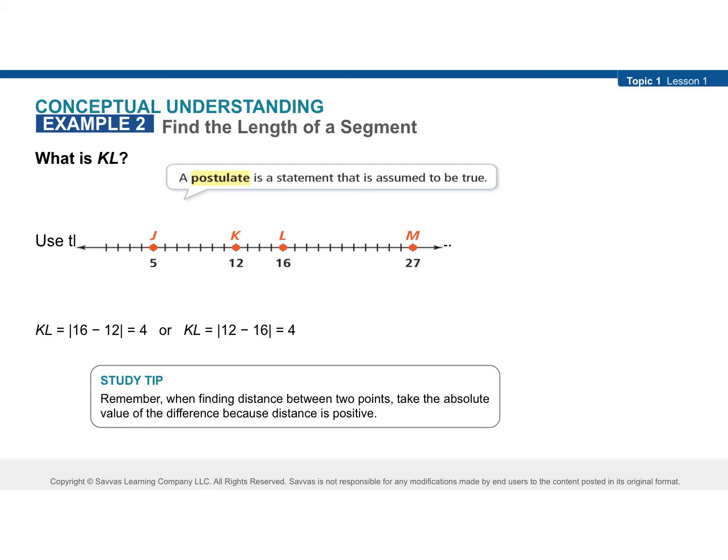Okay, so what is KL? And I know this is all on here, but KL, 1, 2, 3, 4. KL is 4, and I forgot to mention, a postulate is a statement that is assumed to be true. So a postulate is just common sense, okay?